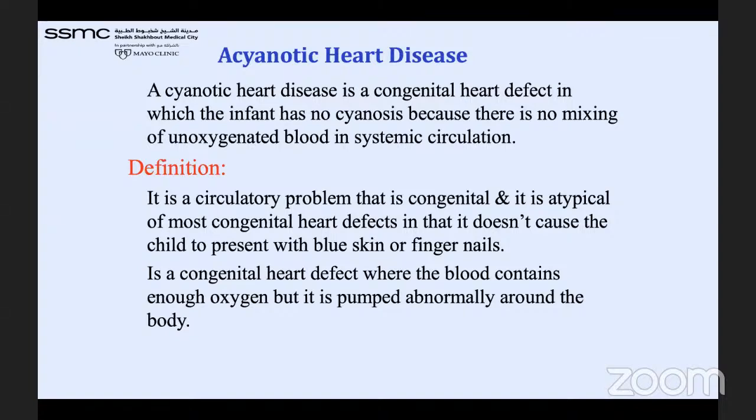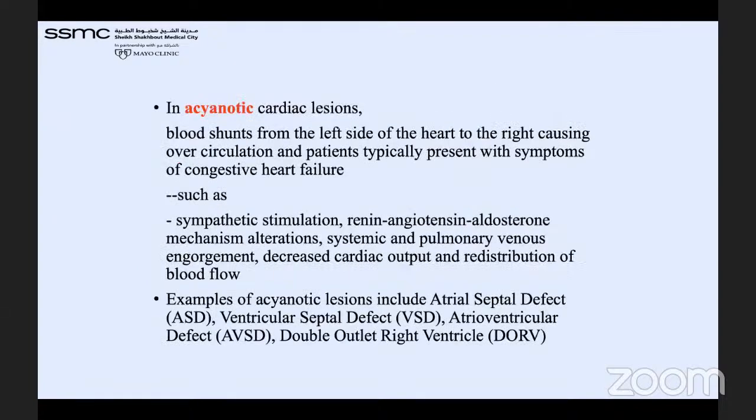But to tell more about this, a very important statement is that blood shunts from the left side of the heart to the right, causing over-circulation, and patients typically present with symptoms of congestive heart failure, such as sympathetic stimulation, renin-angiotensin-aldosterone mechanism alteration, and decreased cardiac output. An example, we already discussed all those acyanotic heart diseases.